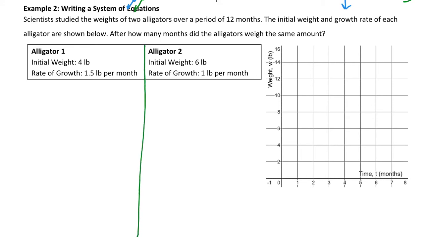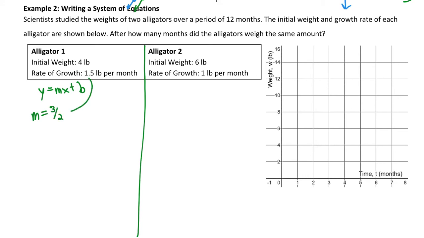So for alligator 1, we have to understand this situation is where we have an initial weight and a growth rate. So we have a situation where y equals mx plus b, slope-intercept is probably appropriate. In this situation, the slope, the growth rate, is 3/2 of a pound per month.